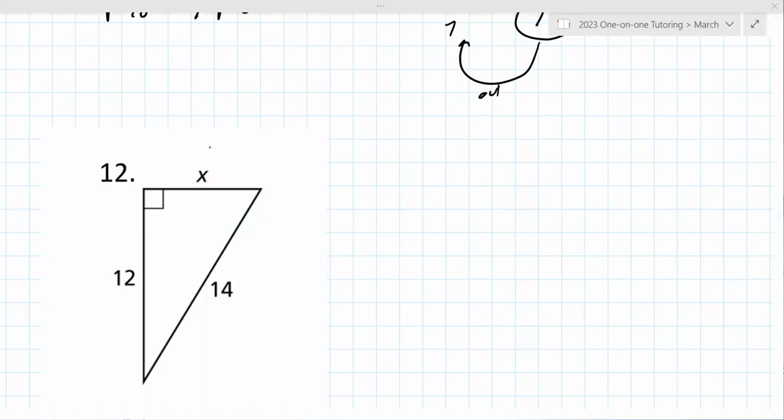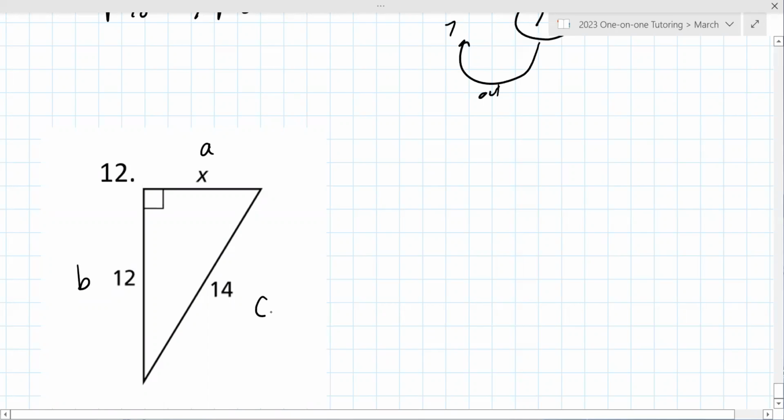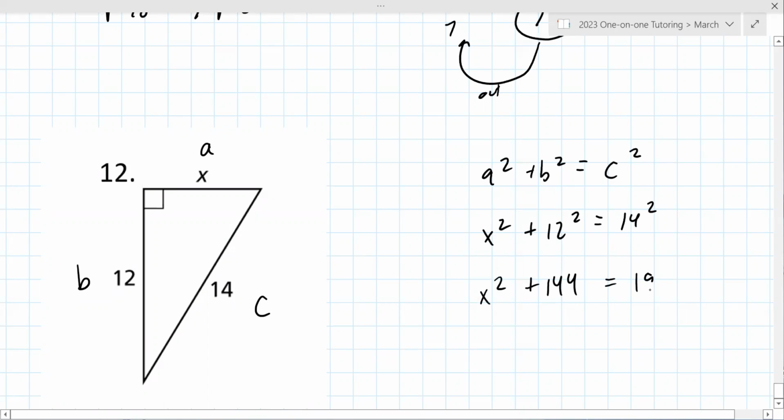So we've got A, B, and C. A squared plus B squared equals C squared. A is X, B is 12, C is 14. So 12 squared is 144. 14 squared is 196.